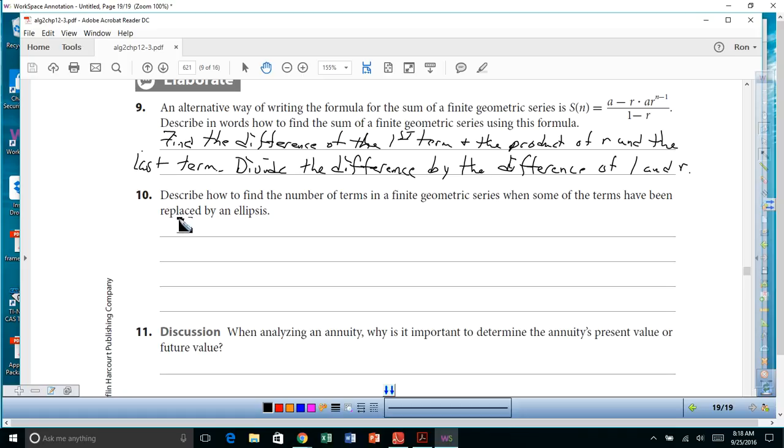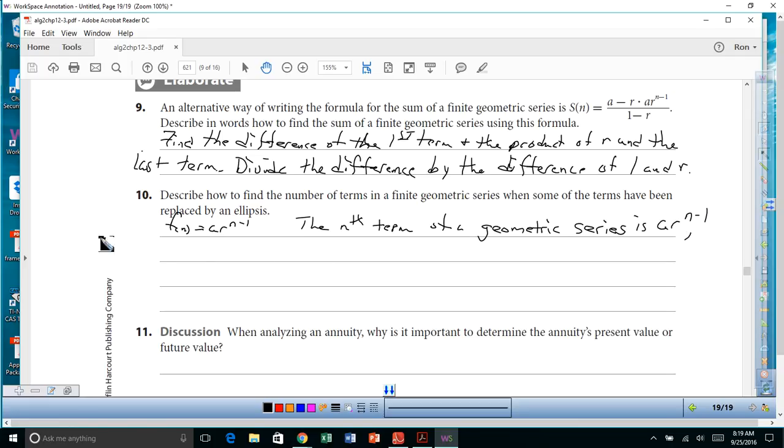Well, remember, you might want to use that f of n equals a r to the n minus 1 formula, because the nth term of a geometric series is ar to the n minus 1.